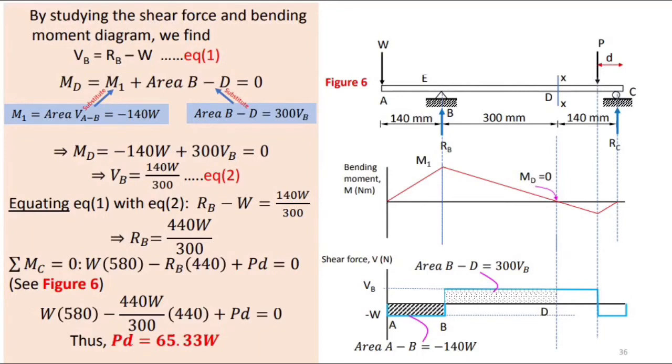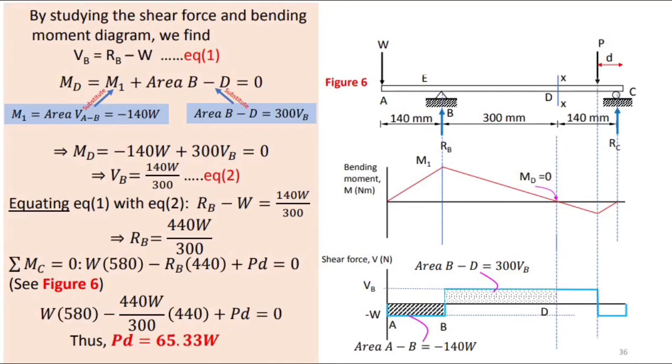Then V at B equals 140 weight divided by 300. Equating equation 1 with equation 2, we get R at B minus weight equals 140 weight divided by 300. Then R at B equals 140 weight divided by 300.